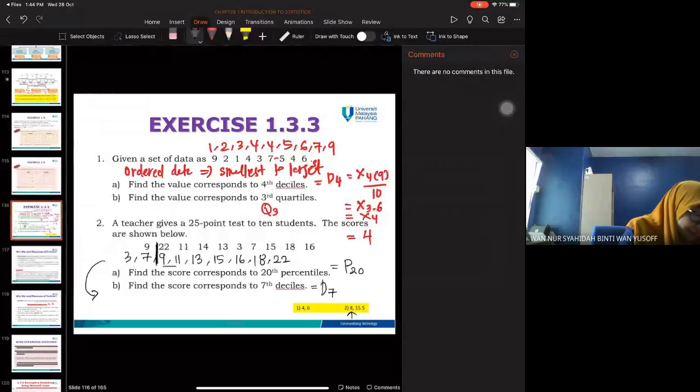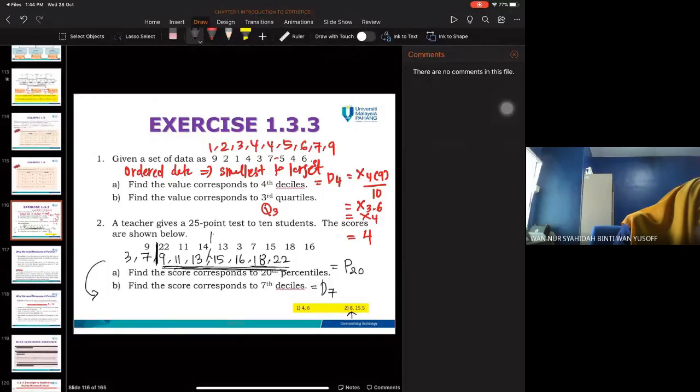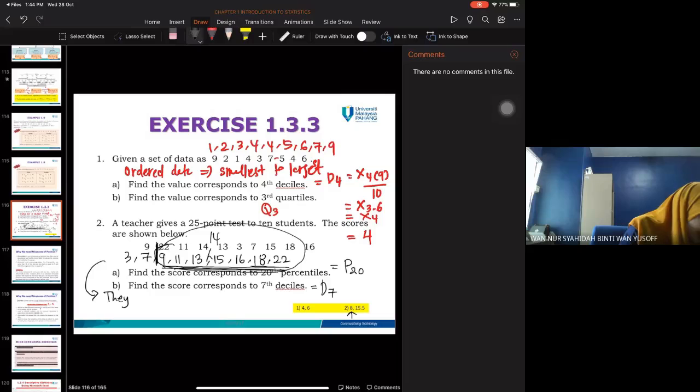The rest of the students here, 1, 2, 3, 4, 5, 6, 7, 8 students, score better than 20% of students in class.